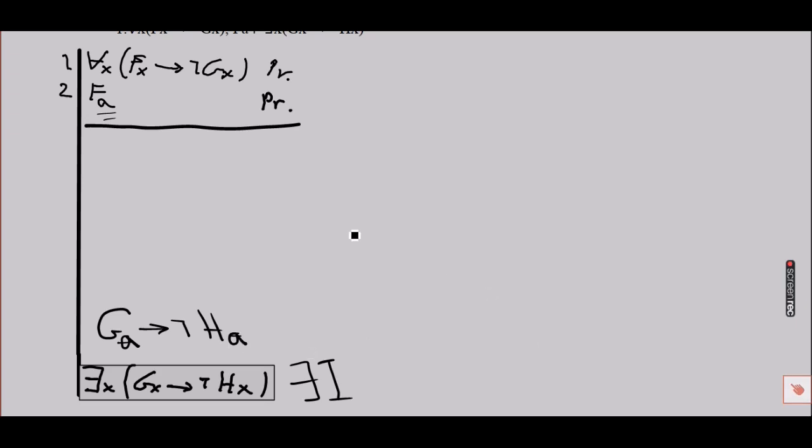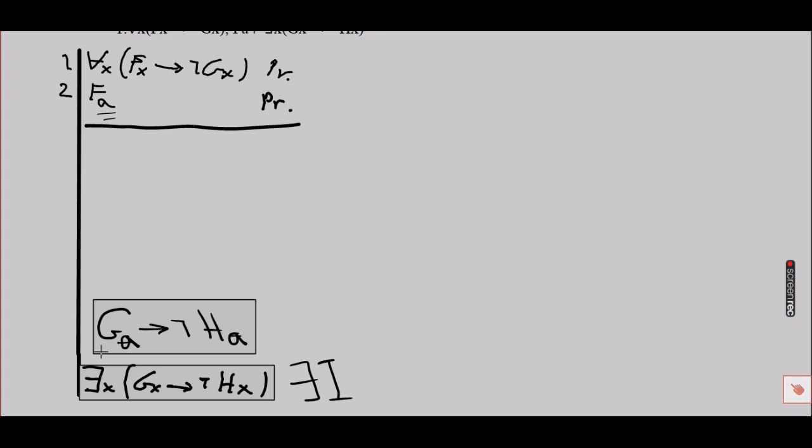So that's my new goal now. I want to get Ga arrow not Ha, because if I have that, since that's an instance of the existential, then we can get the existential. Okay, now how could we get Ga arrow not Ha?